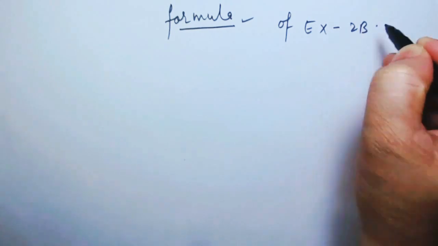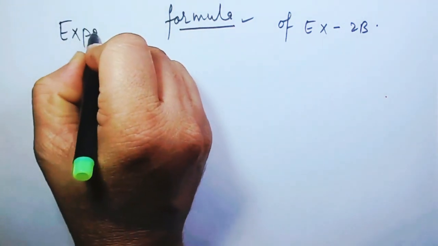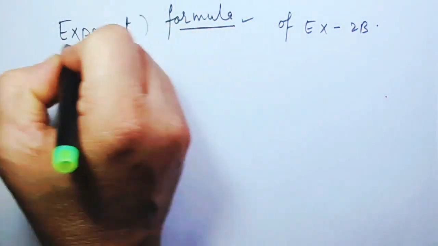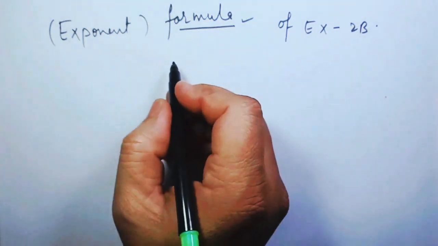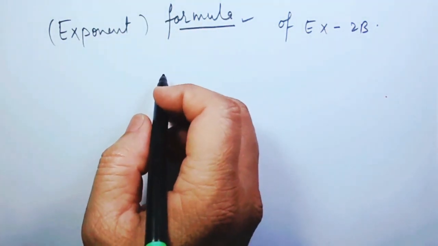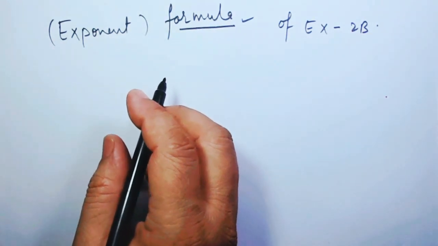Now what are these formulas, the exponent formulas? They are very, very important, because if we do not use them, naturally we'll keep on hovering around, beating about the bush.